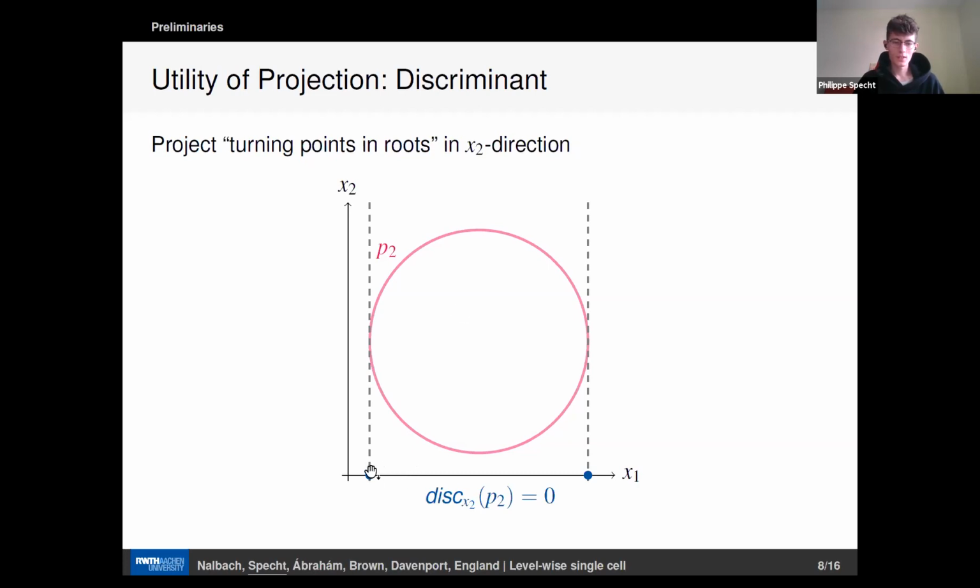And this precisely changes when we come to this point, which is the next point interval, where we have no root, root, no root. And then we get this open interval where we only have no root. And this essentially guarantees us that later on we'll receive proper cells, or we get information on the lower levels when using projection on polynomials.